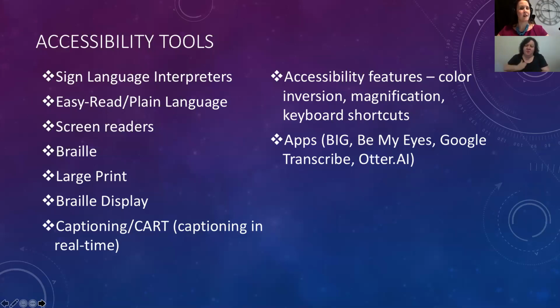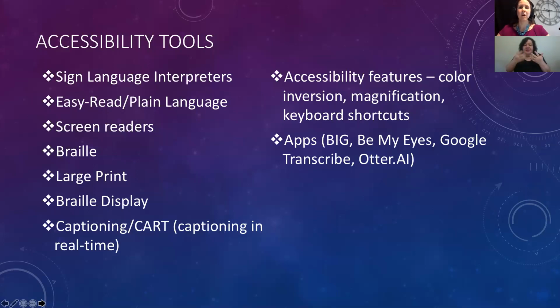So on this slide, which is accessibility tools, I list several things that help people with disabilities access information. They include sign language interpreters, easy read, plain language format, screen readers, Braille, large print, Braille display, which is an electronic way of reading Braille, and captioning.